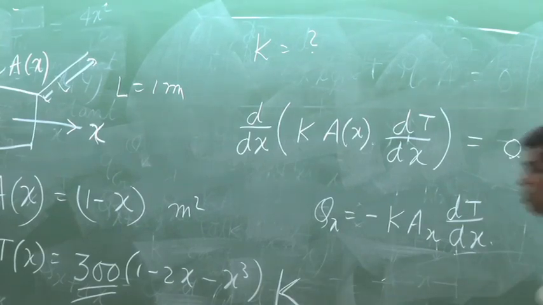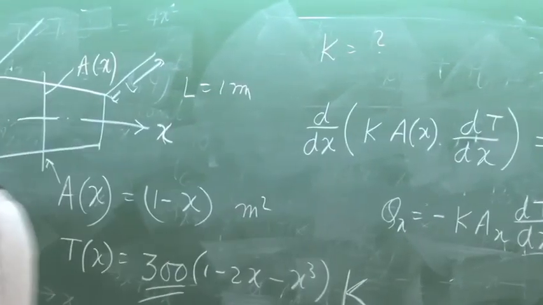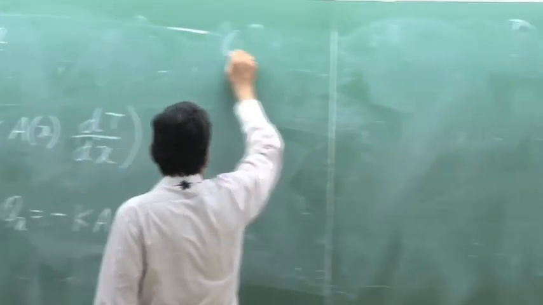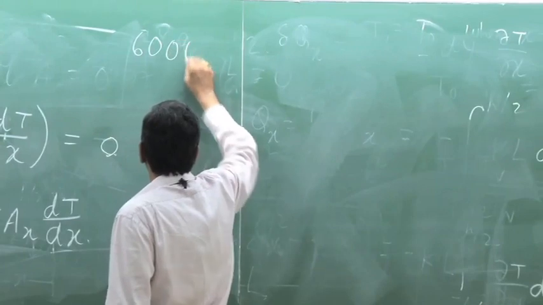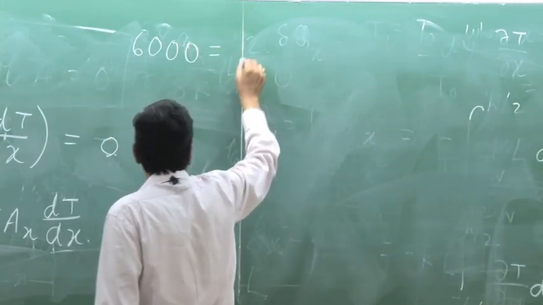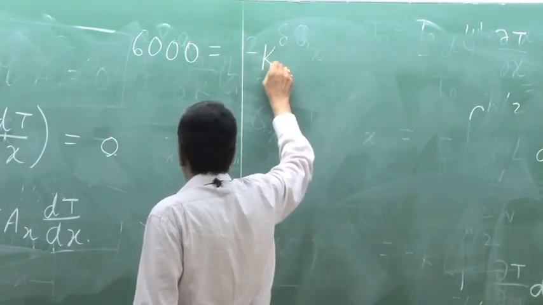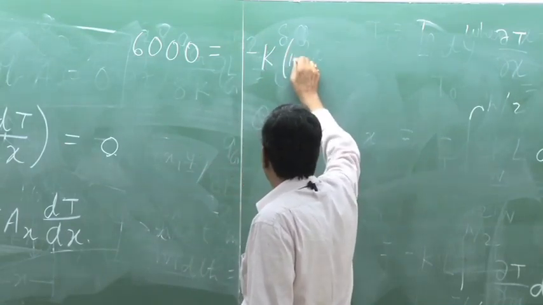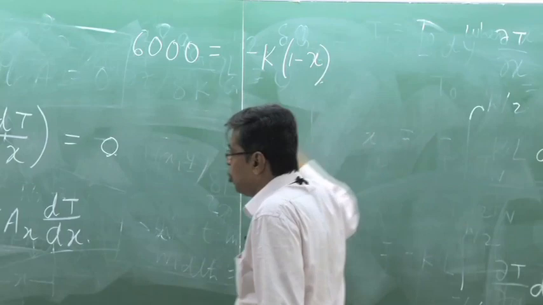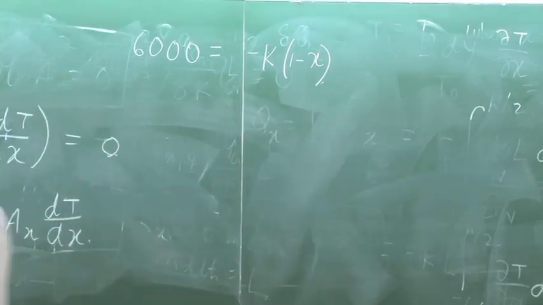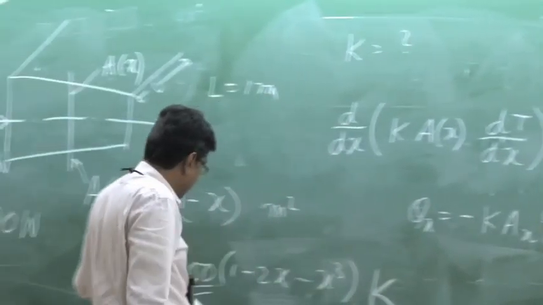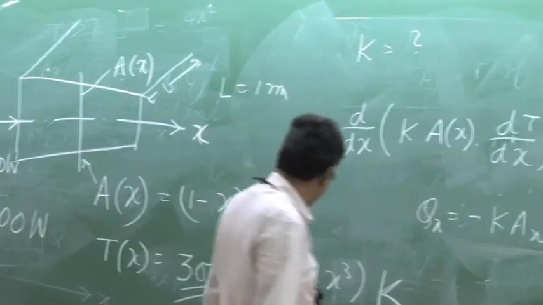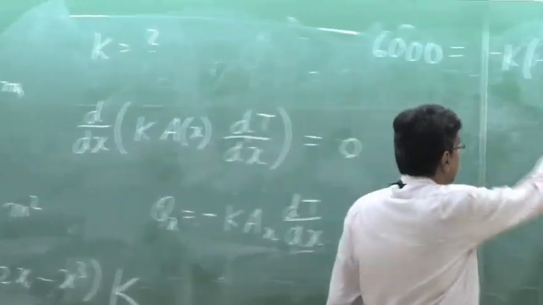So what we will do? We will write the values that given, 6000 watt. That means 6000 is equal to minus K into A. A is what? 1 minus x into dT/dx. That means 300 into minus 2 minus 3x square.